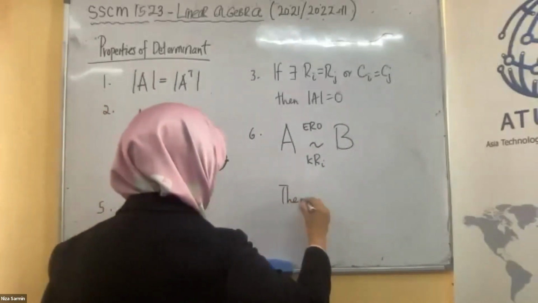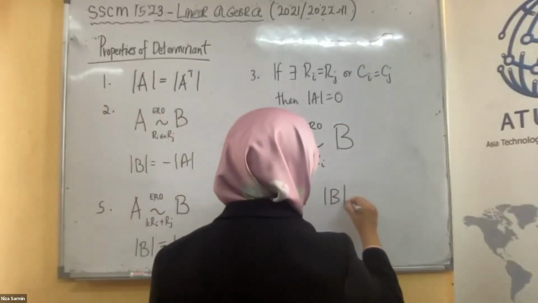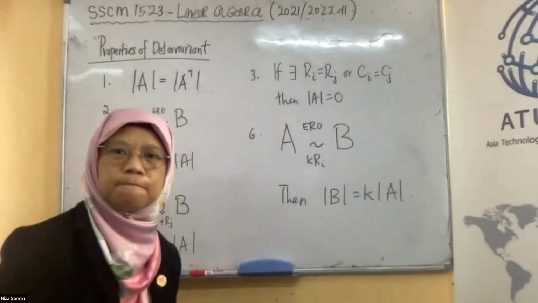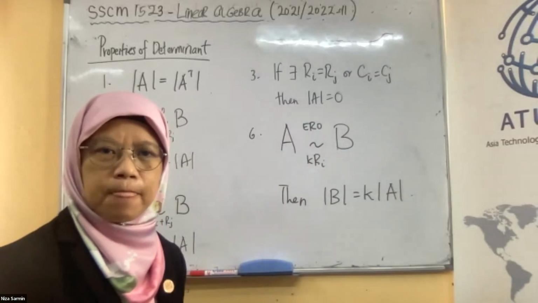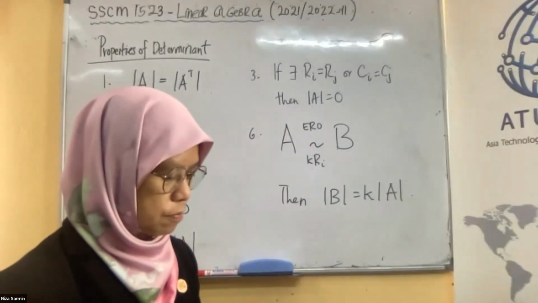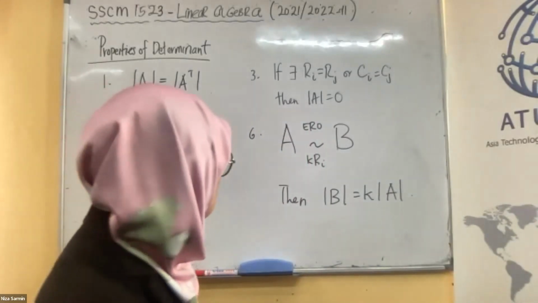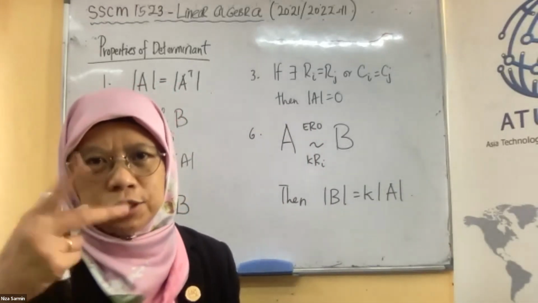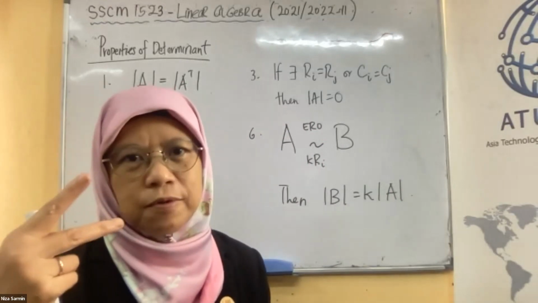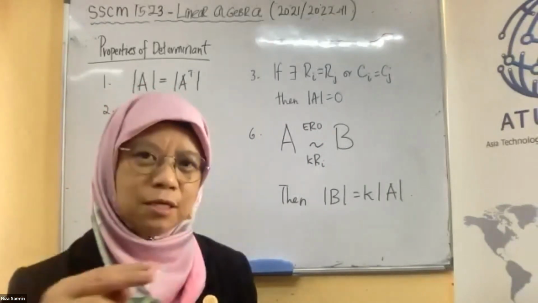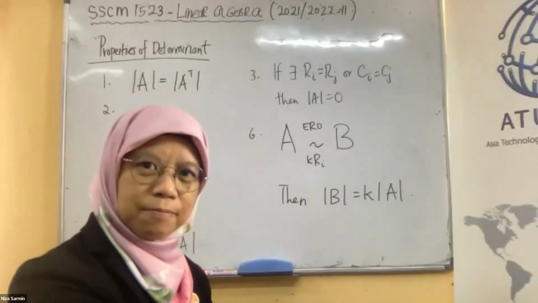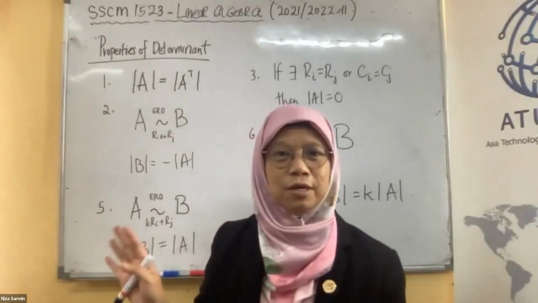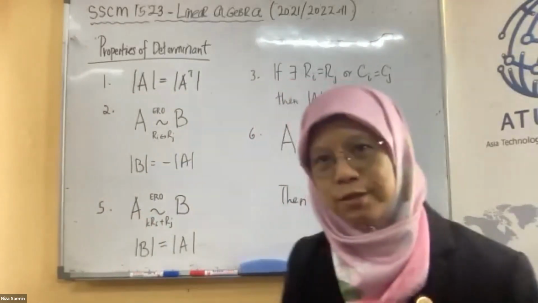Then this is K times A. So interchanging rows gives a negative. Multiplying by a scalar multiplies the determinant by that scalar. Using this operation does not change it. Okay, so this is by row operation.